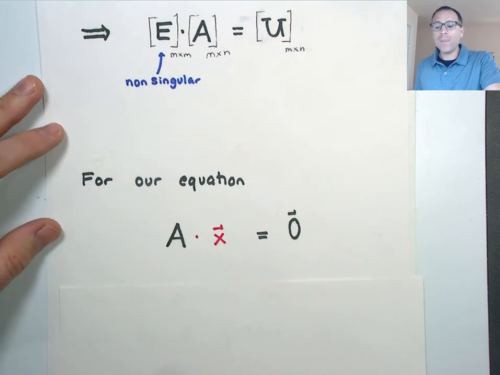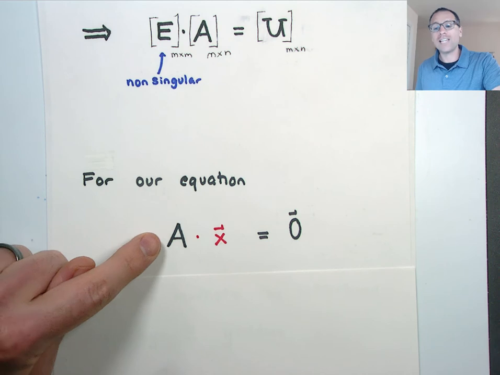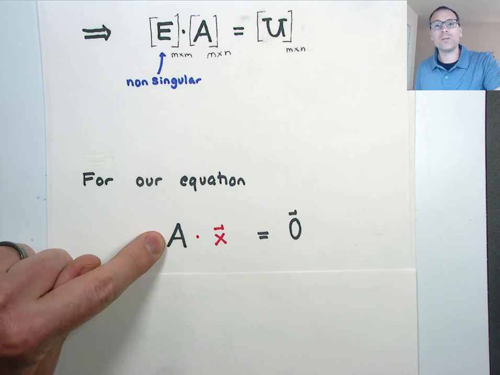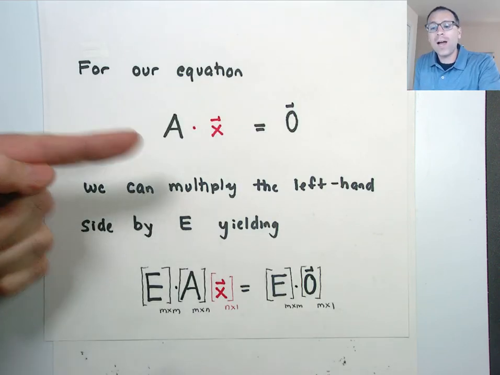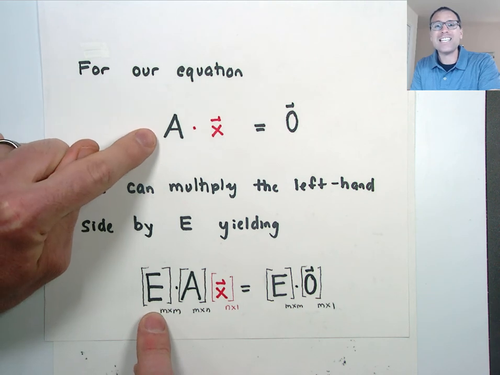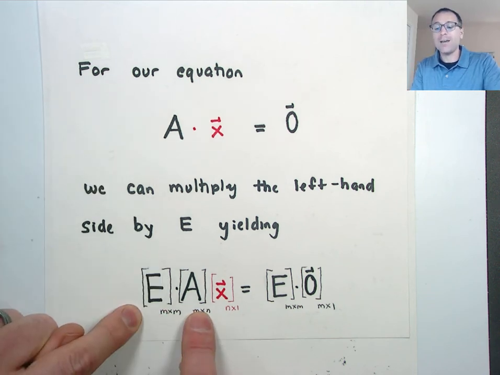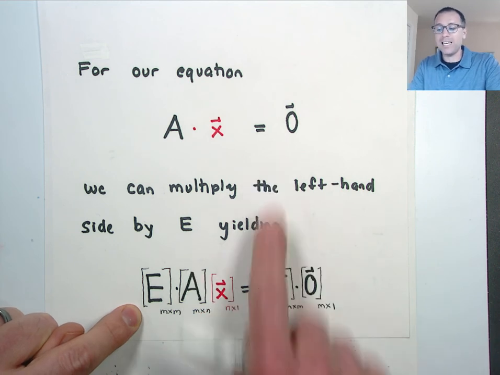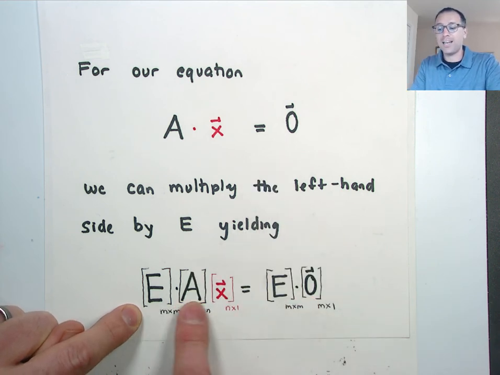But the moment that I have that, what if we looked at the original equation that we assumed to be 0 and simply multiply that equation by the matrix E on the left-hand side? E times A times x, well, that must be E times 0 since A times x was 0.